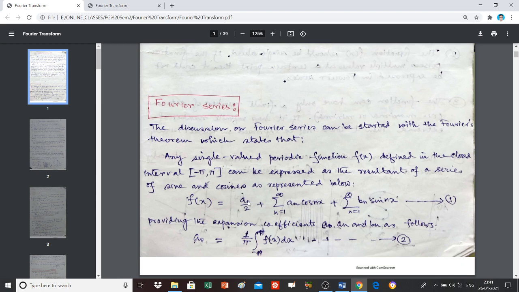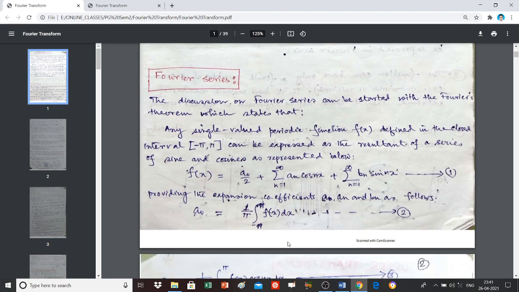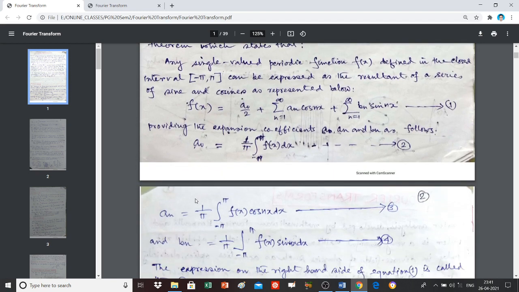The constants a0, an, and bn can be expressed as given below. a0 is given by 1 by pi times the integral from minus pi to plus pi of f(x) dx, and an is equal to 1 by pi times the integral from minus pi to plus pi of f(x) cos nx dx, and bn is equal to 1 by pi times the integral from minus pi to plus pi of f(x) sin nx dx.